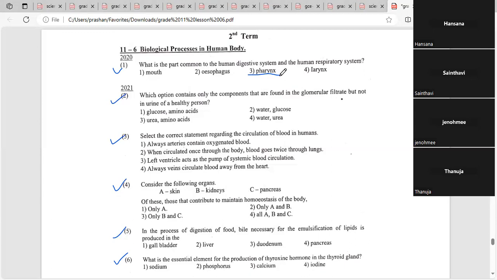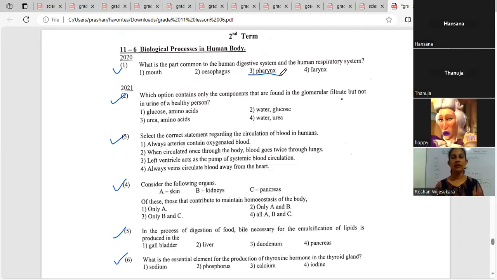Then the 2021 MCQ questions. There is another MCQ question in the 2021 question paper. Which option contains only the components that are found in glomerular filtrate but not in the urine of a healthy person? When considering the components of urine in a healthy person, water is the most abundant constituent, and urea, uric acid, and salts are there.